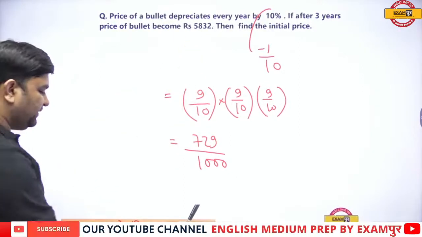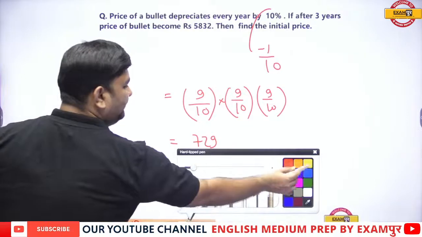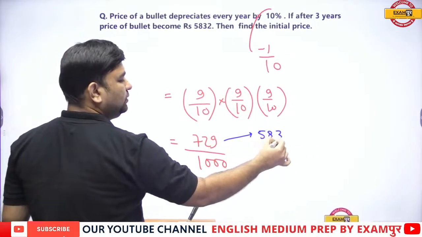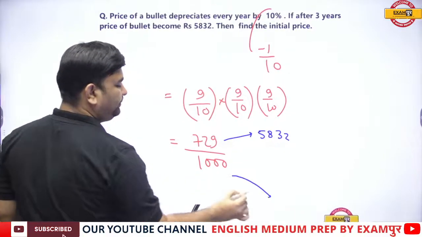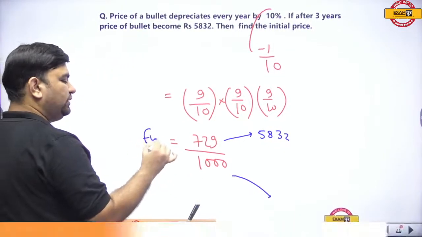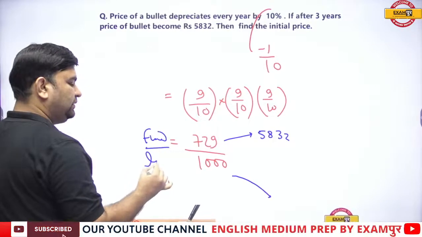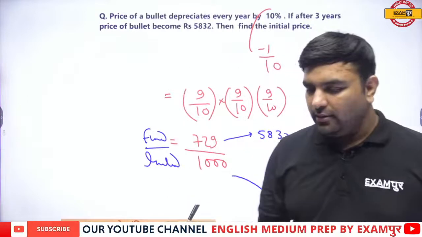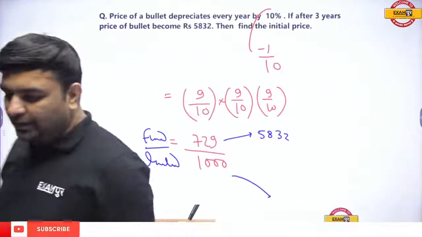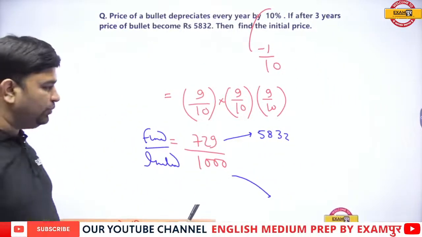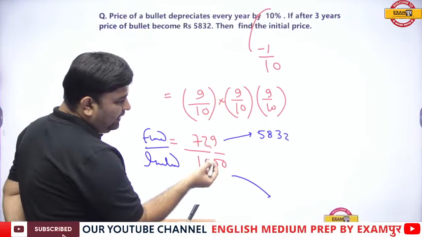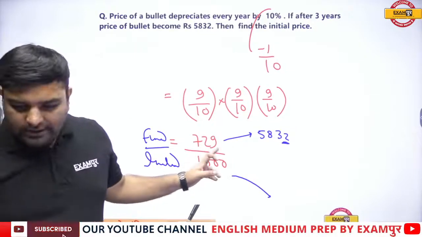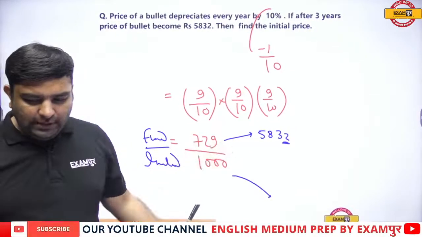Value after 3 years is given as 5832. What is the initial value? That is your final value and this is your initial value. Initial will come in the denominator, final will come in the numerator. 9 and 2. You know 9 8s are 72.